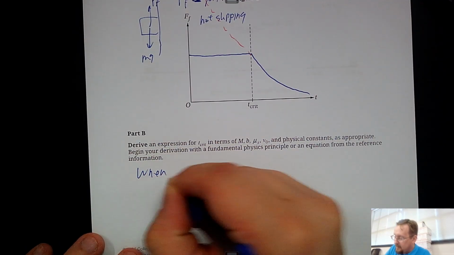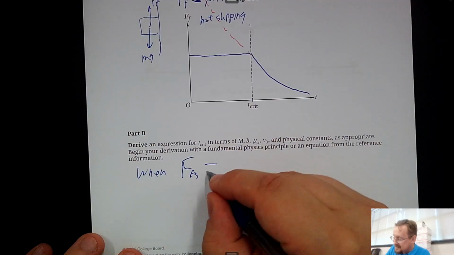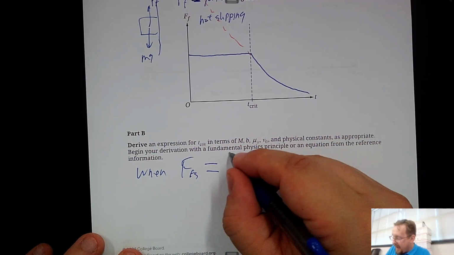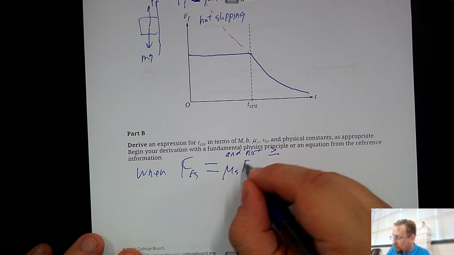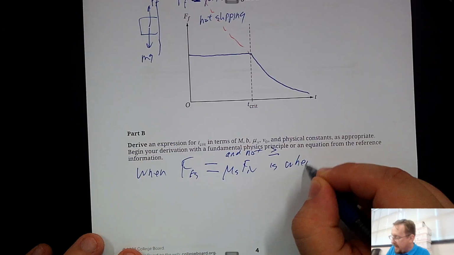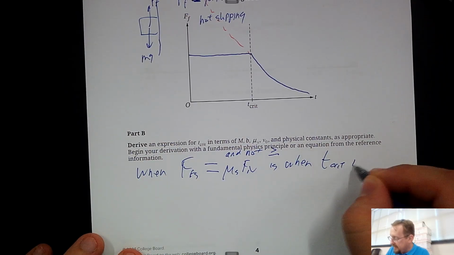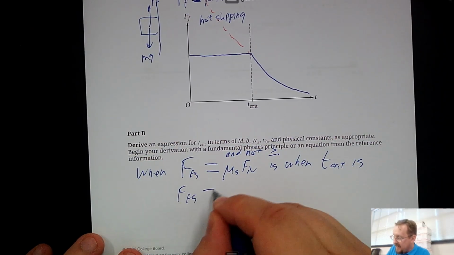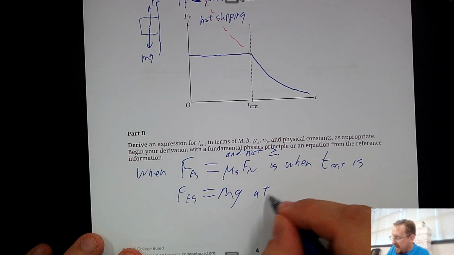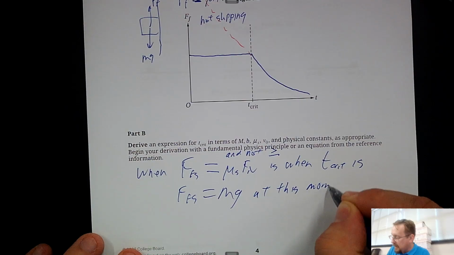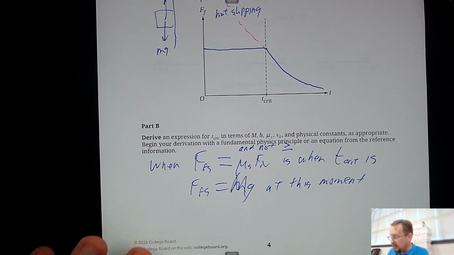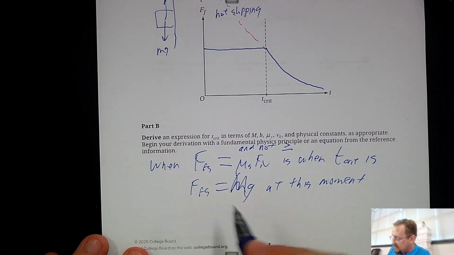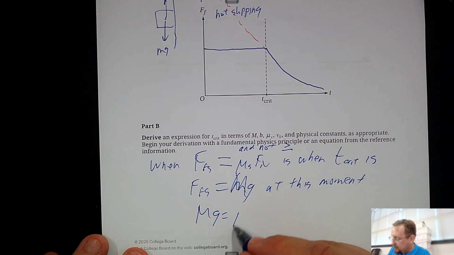So static friction is exactly equal to, and not greater than, mu static force normal when t is t critical. Now, static friction is exactly equal to mg at this moment, and I need to be using capital M, sorry. That's the mg of the cube. So I'm going to say the mg of the cube equals mu static times force normal.